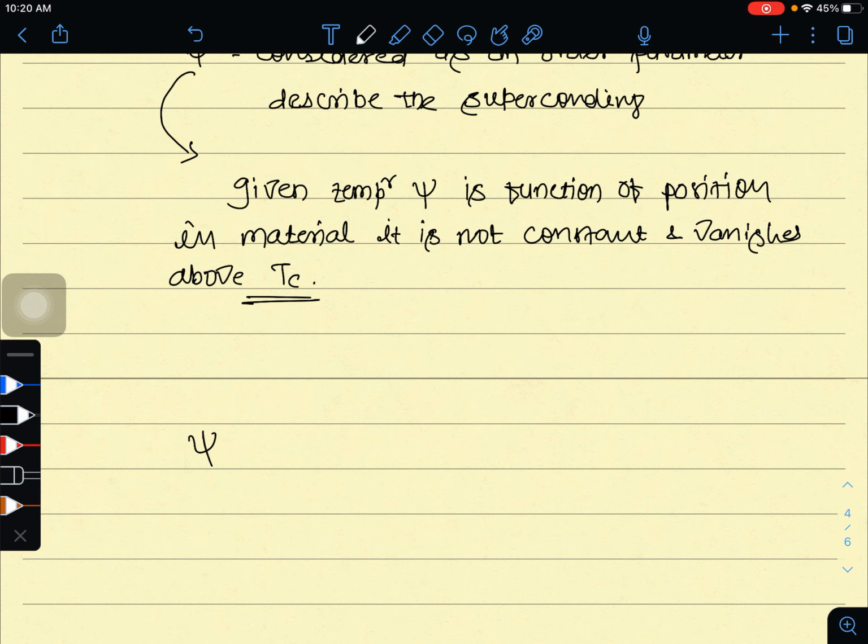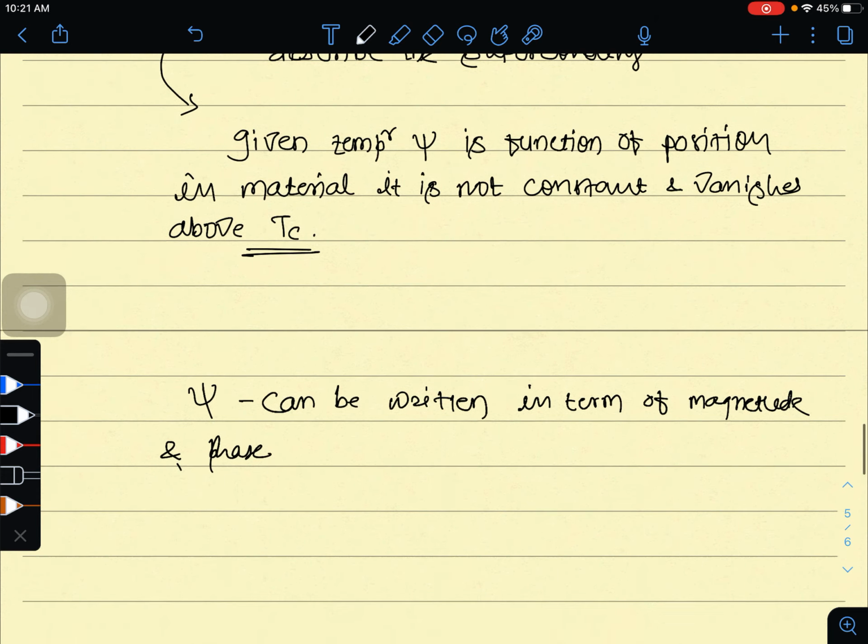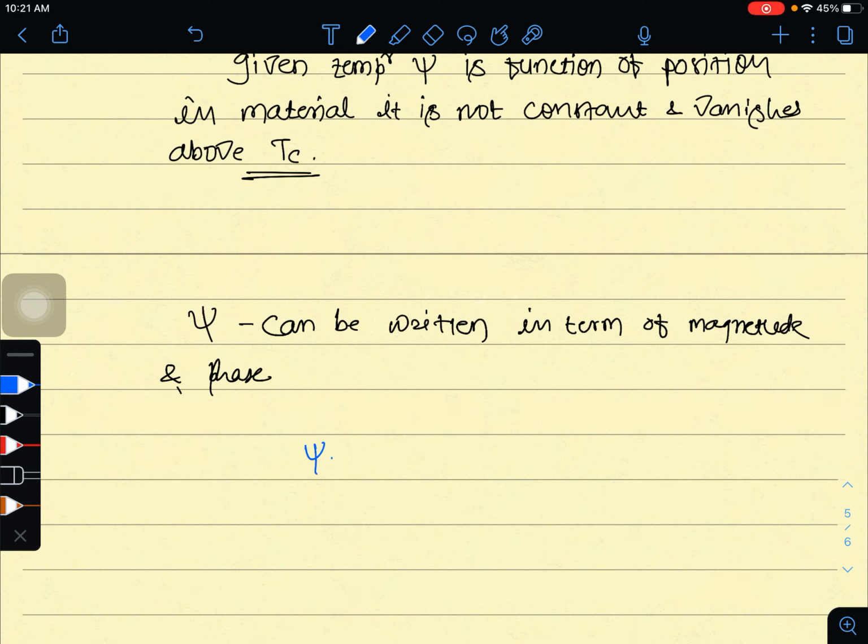Now the wave function psi can be written in terms of magnitude and phase, that is psi is equal to mod of psi times exponential of i phi.